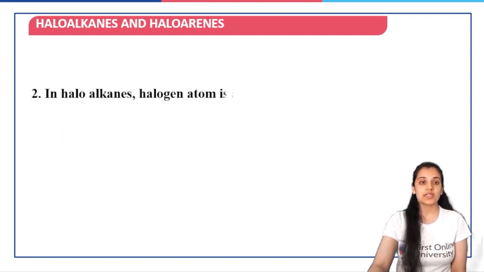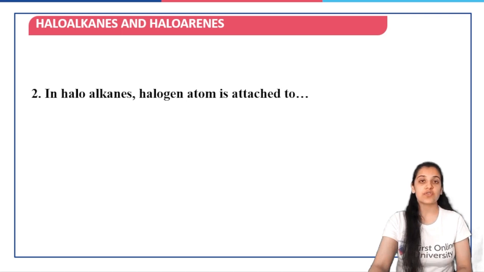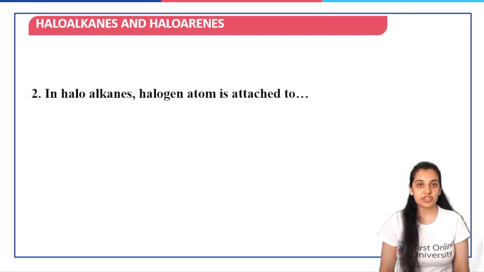The next question is, in haloalkanes, the halogen atom is attached to what? We have already seen that in haloalkanes, since we have the alkyl part where the carbon is sp3 hybridized, the halogen atom is attached to sp3 hybridized carbon. But in haloarenes, where all carbons are sp2 hybridized, the halogen atom is attached to sp2 hybridized carbon.